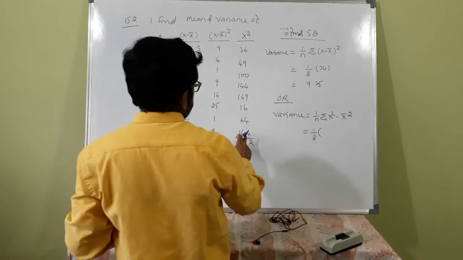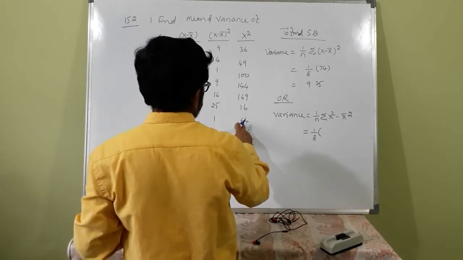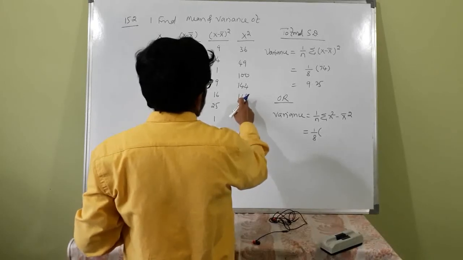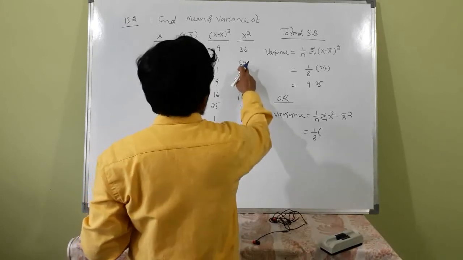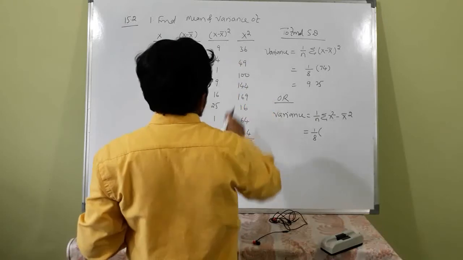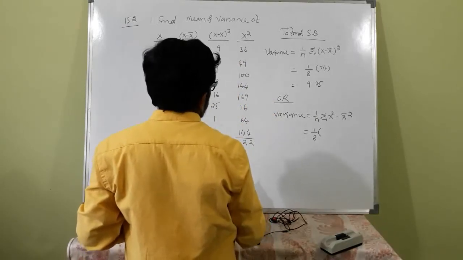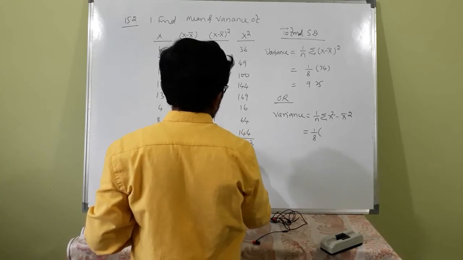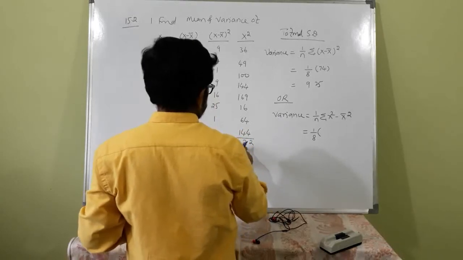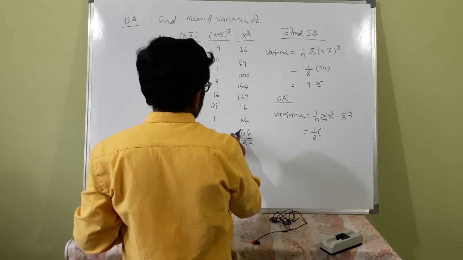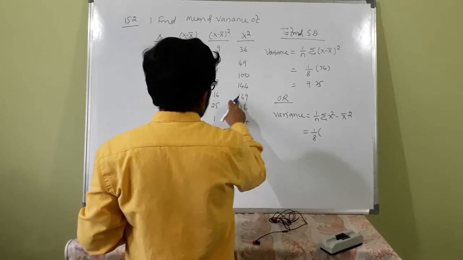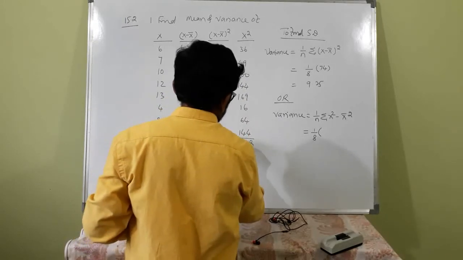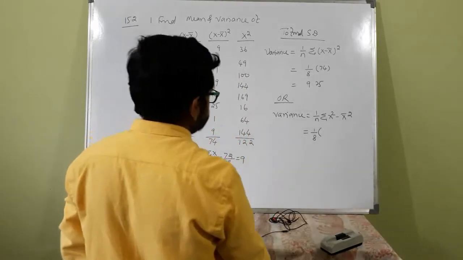So 8, 6, 14, 15, 21, 25, 25 plus 7, 32. 32 means 2 here, 3, 4, 4 plus 2, 6 plus 1, 7, 722.